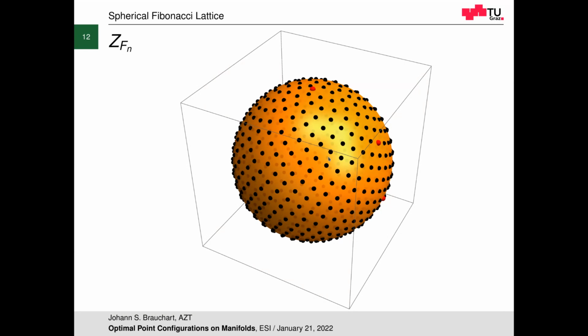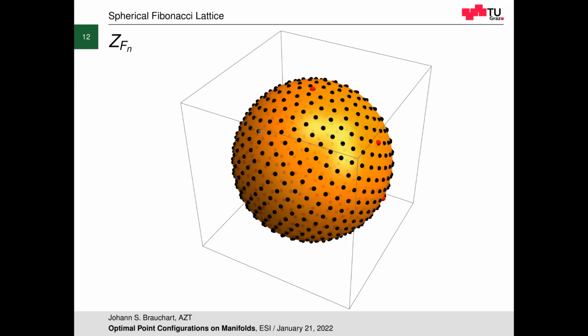This gives this configuration on the unit sphere. The red dots indicate what happens with the North Pole and with the first few points. That gives some kind of orientation. Okay, so then we have our capital Z_Fn as a notation for the spherical Fibonacci lattice point set with Fn points.